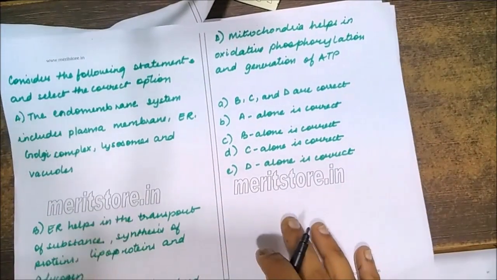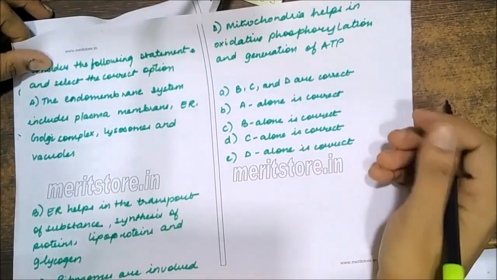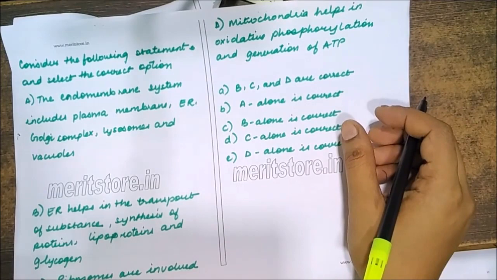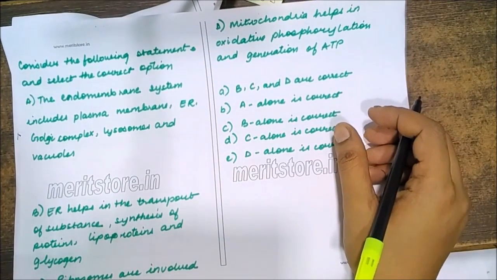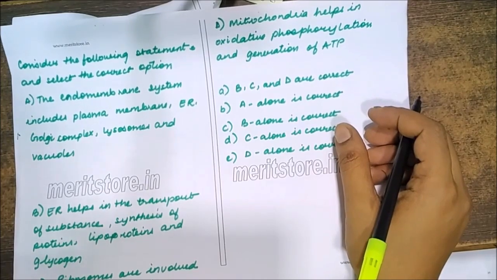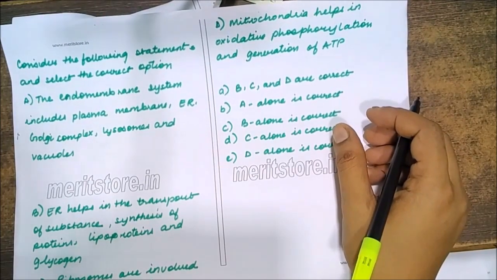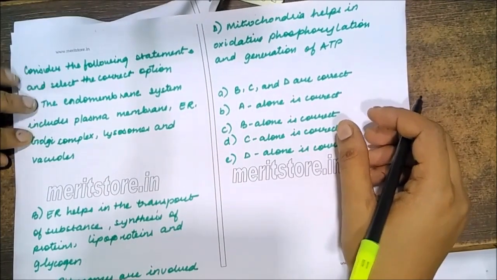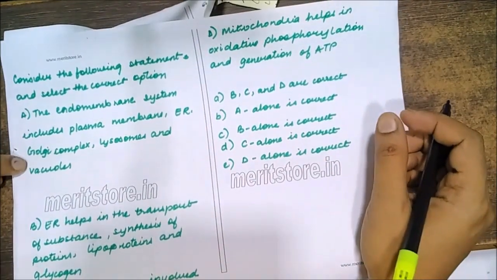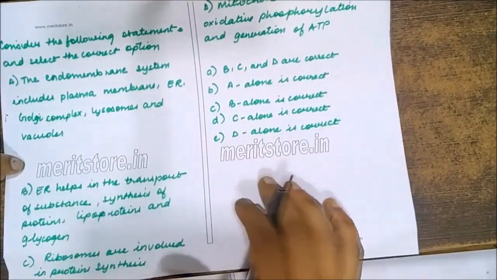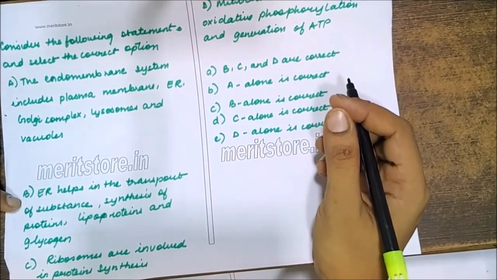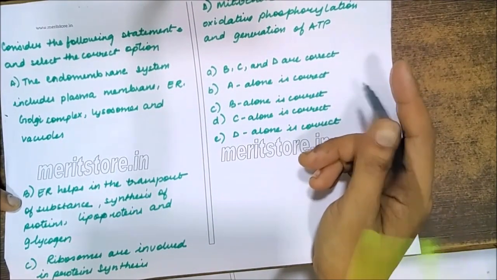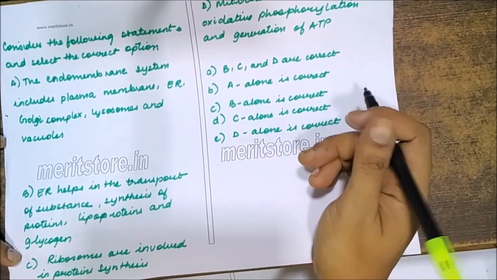Consider the following statements and select the correct option. The endomembrane system includes plasma membrane, endoplasmic reticulum, Golgi complex, lysosome, and vacuoles. Endoplasmic reticulum helps in the transportation of substances, synthesis of proteins, lipoproteins, and glycogen.